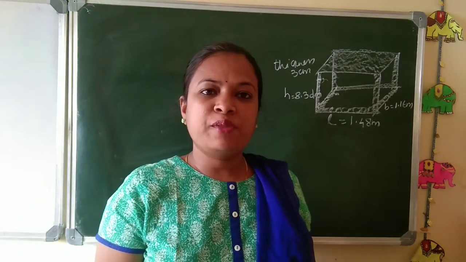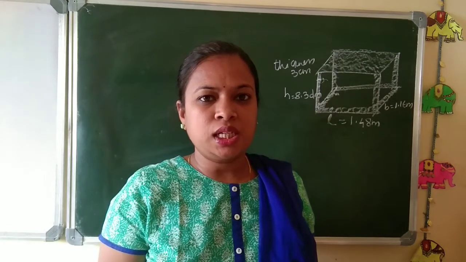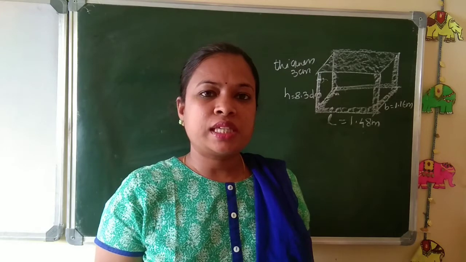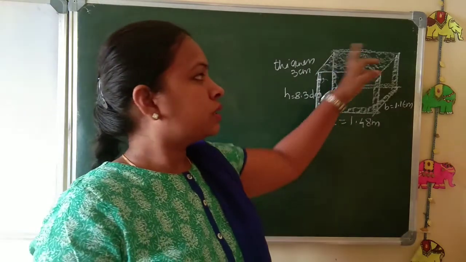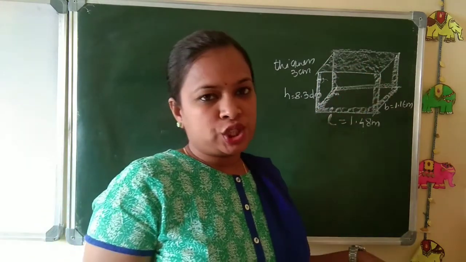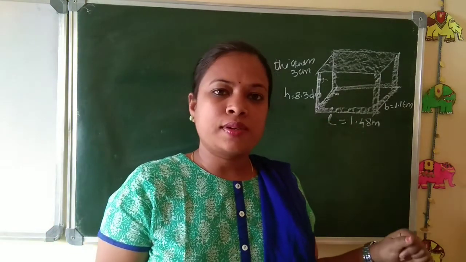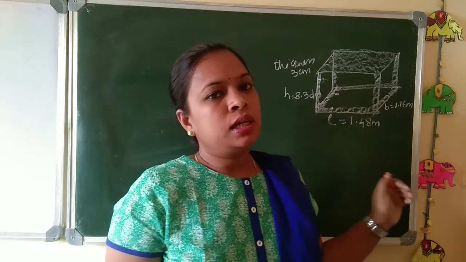The same way how we had done in the previous question, you have to find out the lateral surface area, and here also the top is not mentioned, so we have to consider the base. So you have to find out the lateral surface area plus the base.